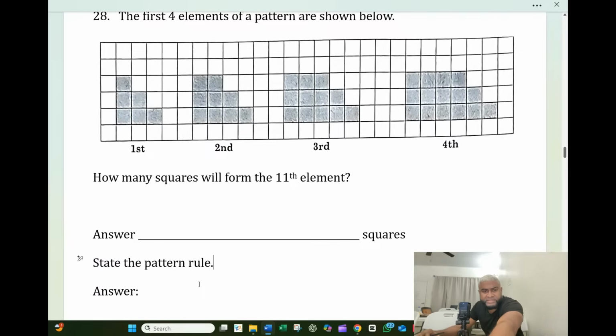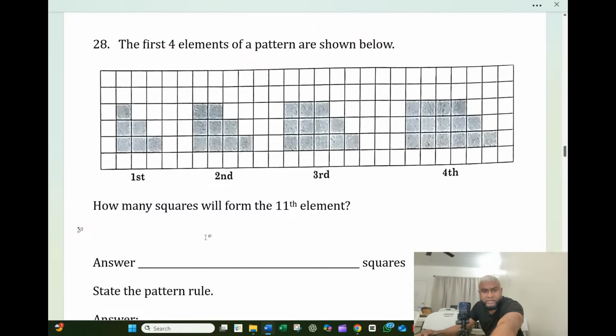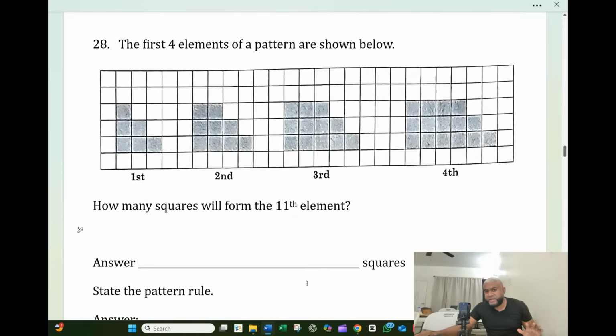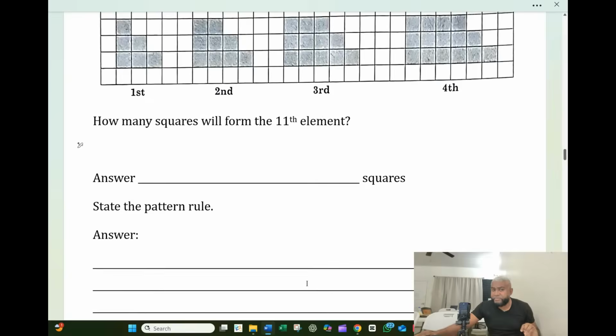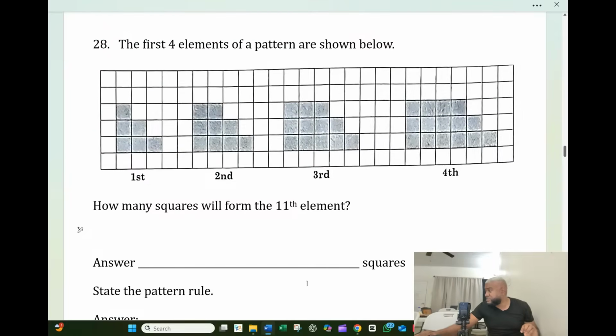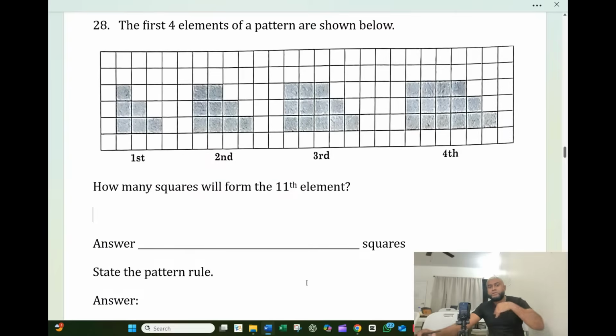That's part of the question, and then you have to put the answer. So the first part is how many squares will we need in the 11th element, and then the second part is to state the pattern rule. How many squares will be in the 11th element, and then state the pattern rule.